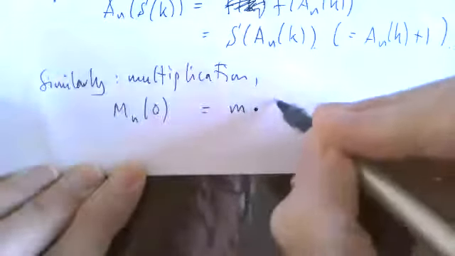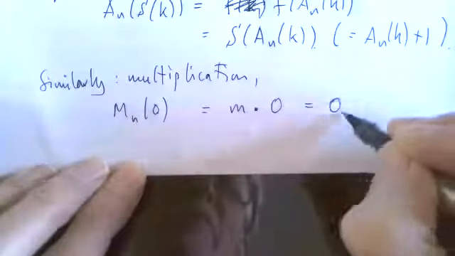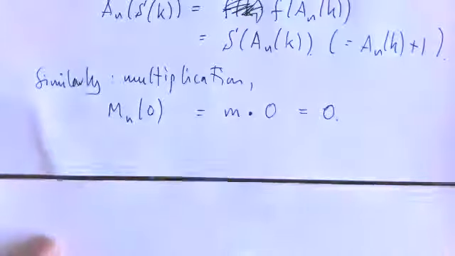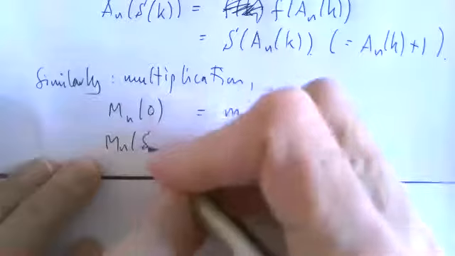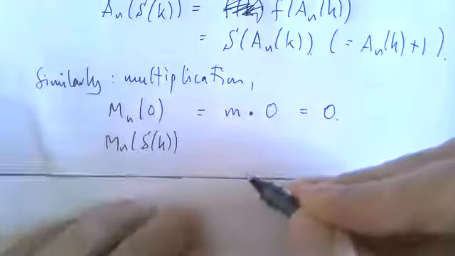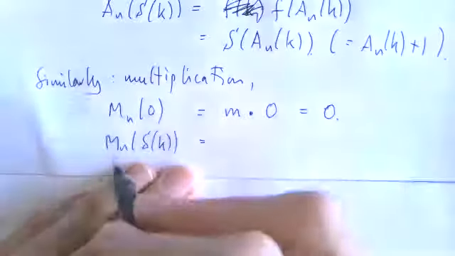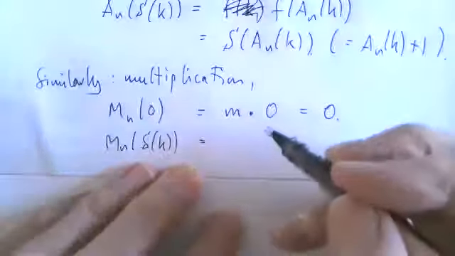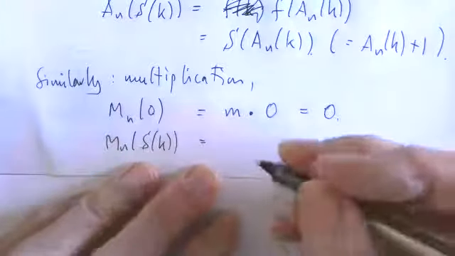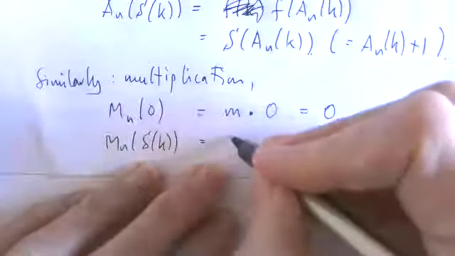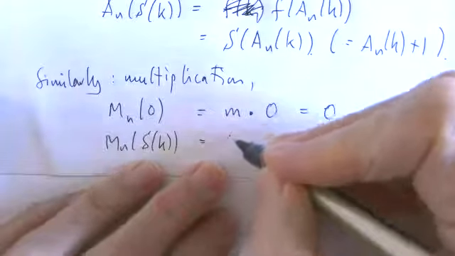We're going to call that m times 0, but this will just be 0. If I want to define m_n at the successor case here, I assume I already know m_n of k. And now I'm going to add that to n.